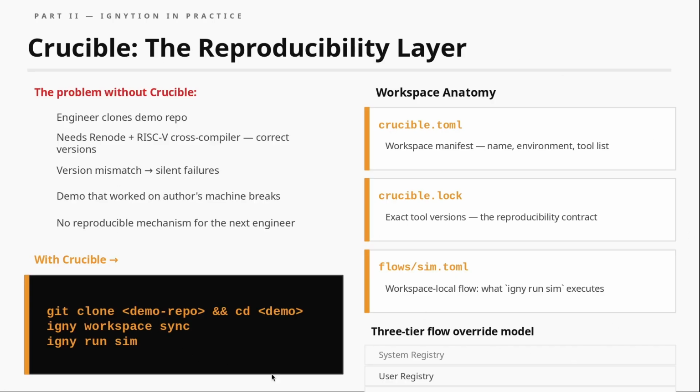And this is what I just said about environment replicability. You don't need to do anything. So this is the problem without Crucible, and these are the points you can refer to if you have to compare it to LibreLane or any of the existing flows.